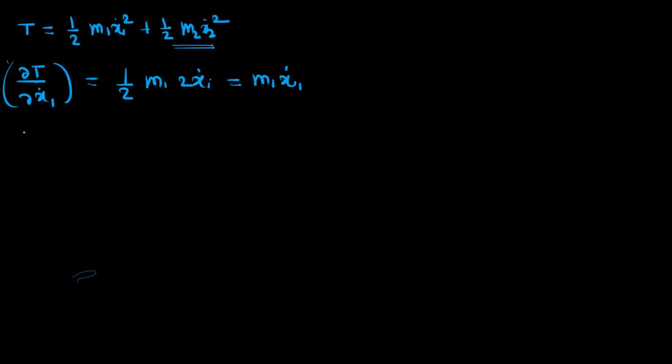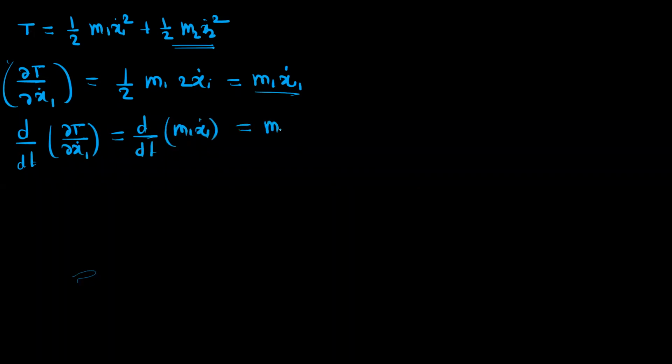Now differentiate this equation with respect to time. So d by dt of del T upon del x1 dot is equal to d by dt of m1 x1 dot, which becomes m1 x1 double dot. Here we are differentiating velocity with respect to time, so it becomes acceleration, x1 double dot.